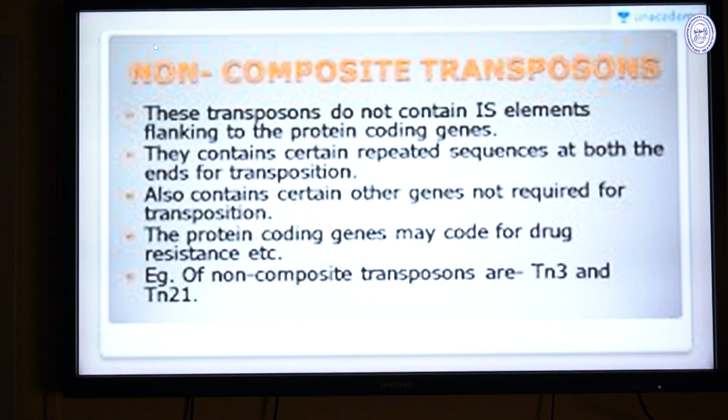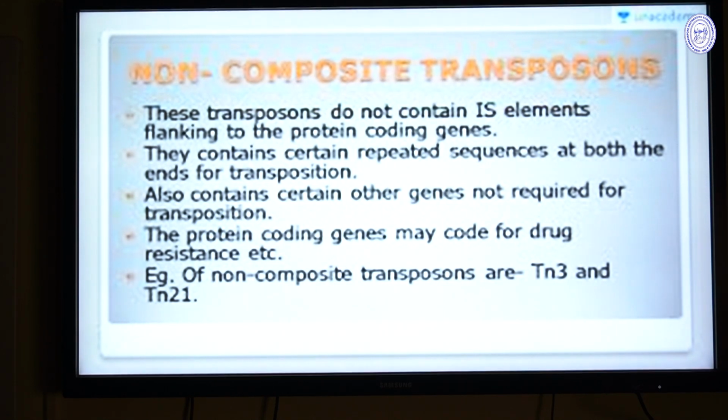And what are the non-composite transposons? These transposons do not contain IS elements flanking the protein coding genes. They contain certain repeated sequences at both ends, and they also contain certain other genes that are not actually required for transposition.